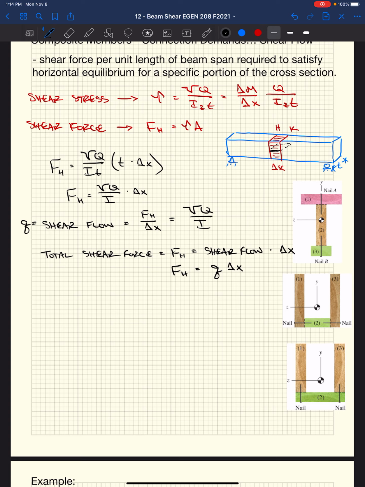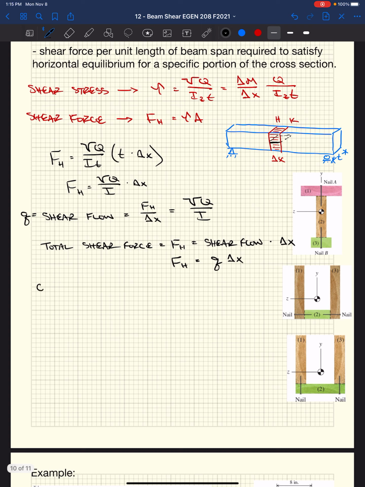For instance, here we've got this wood I-shape that's made out of three wood members, and those members are connected with nails. So we have a nail at some sort of spacing, maybe it's 3 inches on center or something like that. That's a discrete fastening at a given length or spacing. And that fastener is going to have some amount of shear force per fastener as we move along the length.